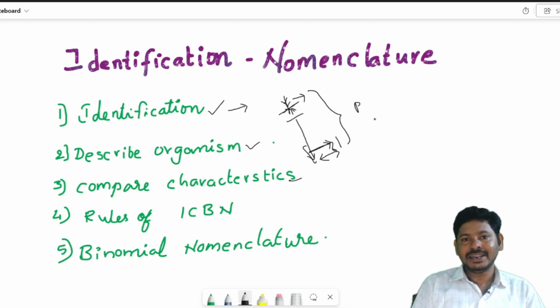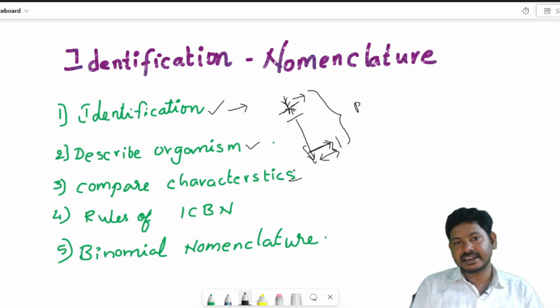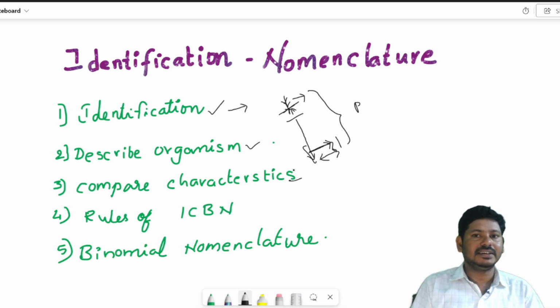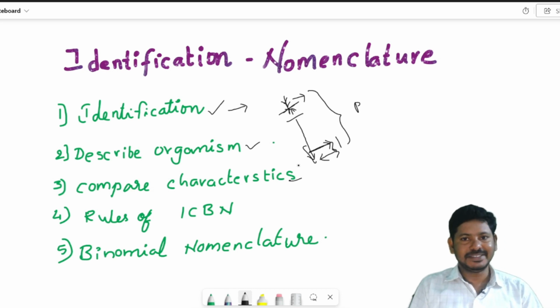In this nomenclature, there are 5 steps. The first step is identification. The second one is describing the organism. The third step is to compare the characteristics of the new plant or known plant with an authenticated herbarium specimen.